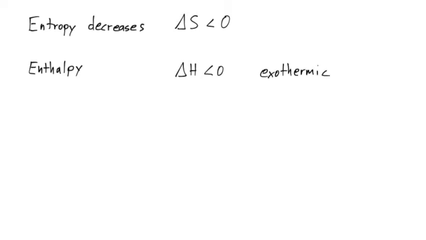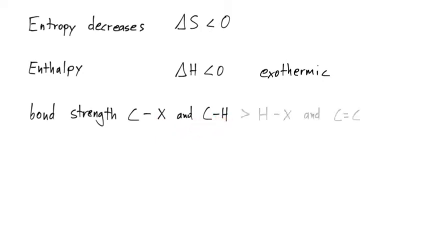So it's an exothermic reaction. Looking at the new bonds between the carbon and the halide and the carbon and the hydrogen, those two new bonds are much stronger than the original halide hydrogen bond or the pi bond in the alkene. So in order for this to be a spontaneous process, you remember delta G needs to be smaller than 0.